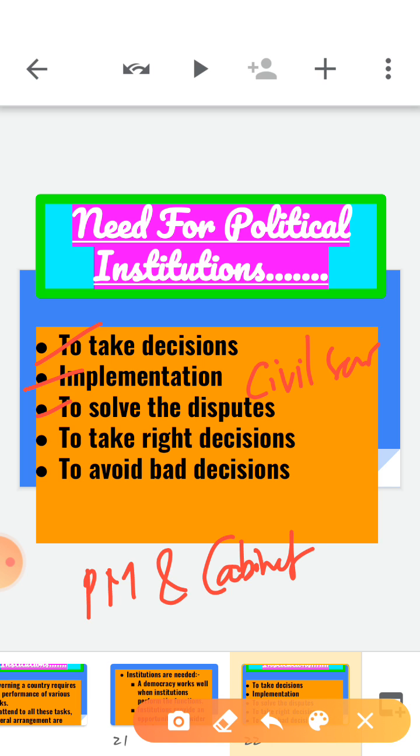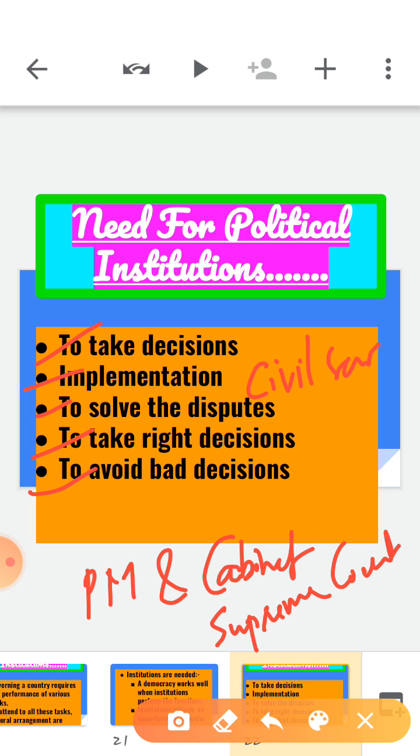Then next, we have to solve disputes. Institutions are also needed to solve disputes between various institutions. In our country, we have the Supreme Court. The Supreme Court is an institution where disputes between citizens and the government are finally settled. Then, to take the right decision, institutions help governments to take the right decision and avoid bad decisions.